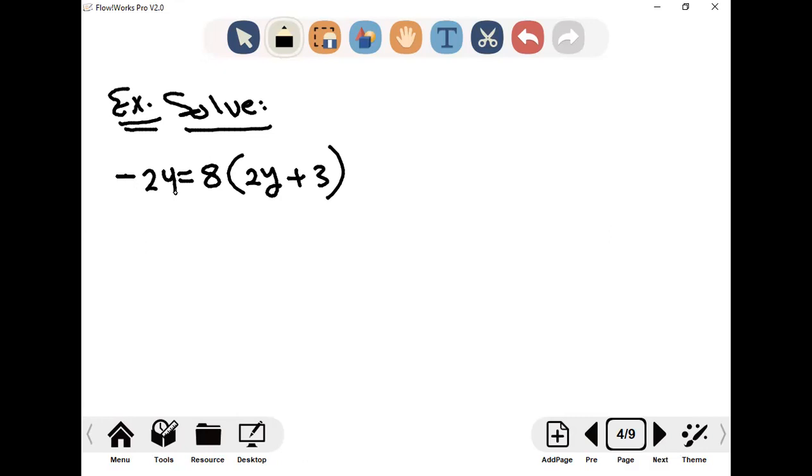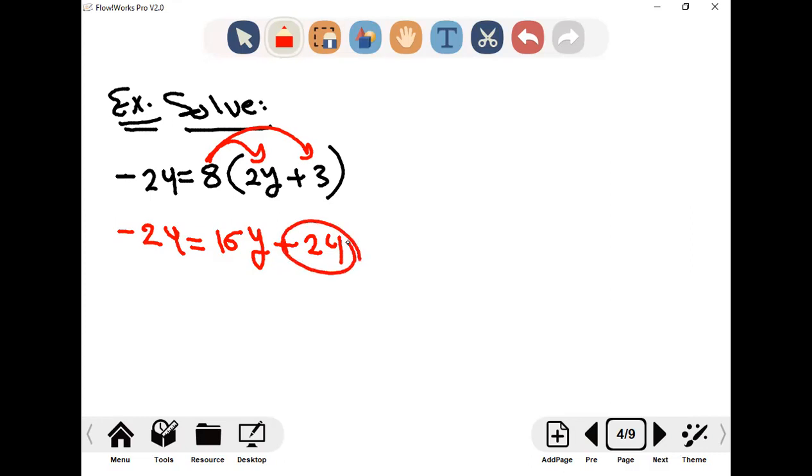I will distribute the 8 first. Negative 24 will equal 8 times 2y, which is 16y. We multiply the number with the number and the variable comes down. 8 times 2 is 16, and the y comes down. 8 times 3 is 24. Now, I will shift this 24, the connected number, to the other side. It will be negative 24.